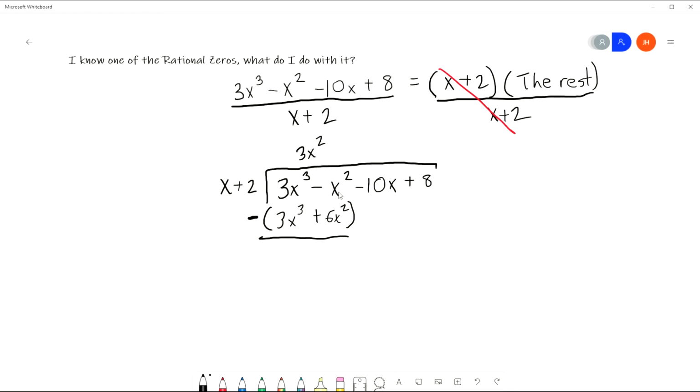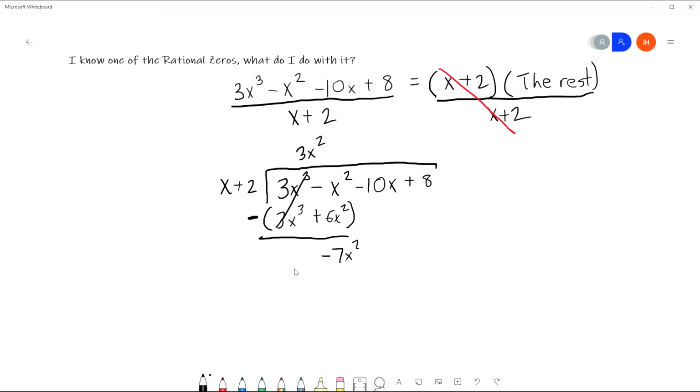Why am I subtracting? It's because I'm essentially saying 3x squared has this much covered, so I can get rid of it. So 3x cubed minus 3x cubed cancels out. That's good because that's what we wanted. Minus x squared minus 6x squared is minus 7x squared. Okay, now we can go to the next piece.